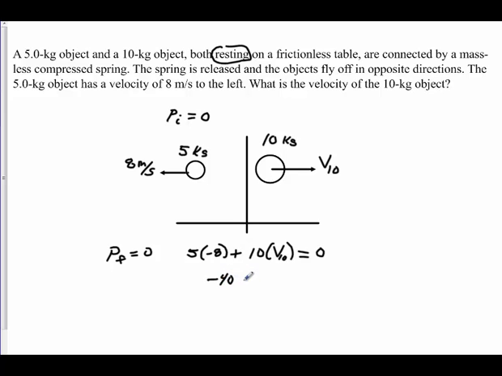Minus 40, we'll move the 10 over, and solve for V10. The velocity must be 4 meters a second. Pretty simple. Again, this one will go to the right because the summation of those has to equal 0. Alright, let's move forward.